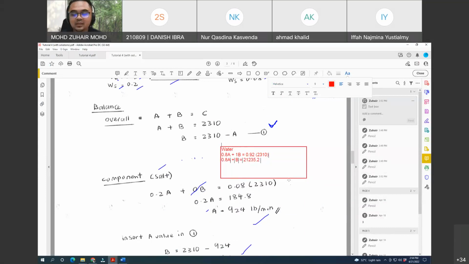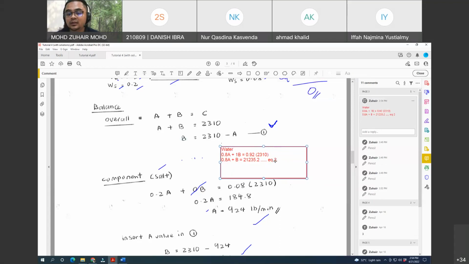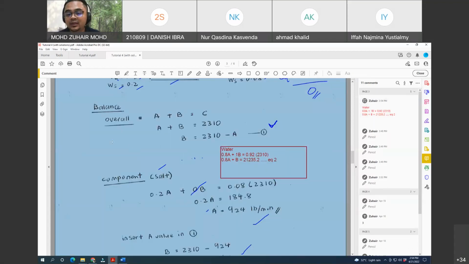So this is considered as equation 2. You need to do some arrangement and include B from equation 1 into equation 2. Let us try to solve that.